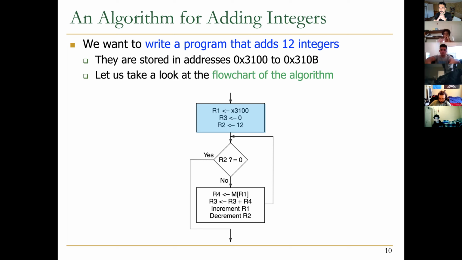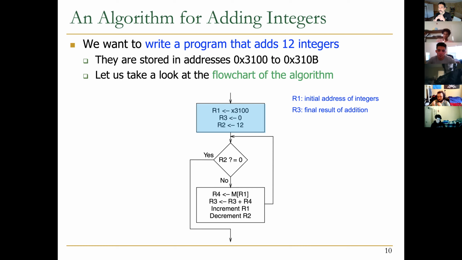R3, you also initialize to 0, and R2 is showing the size of your array. 12 is the size of your array, right? R3 is used for taking care of the sum, because you sum them as you retrieve them.